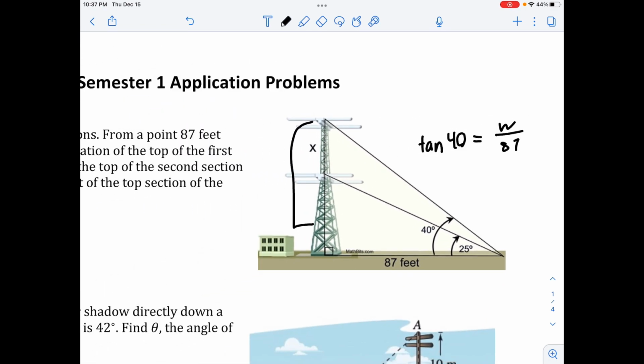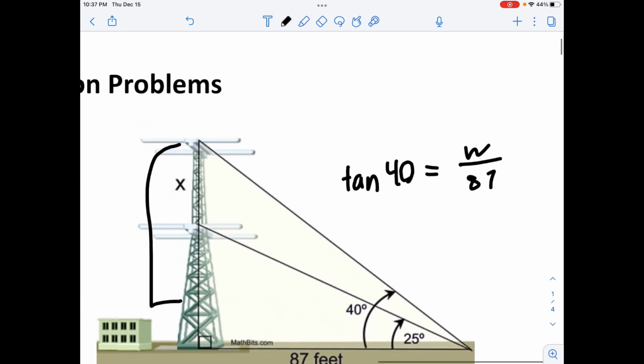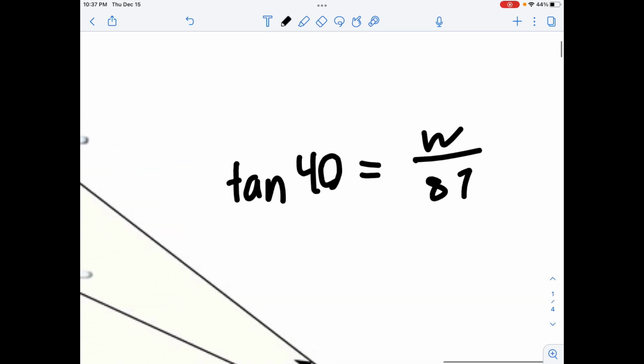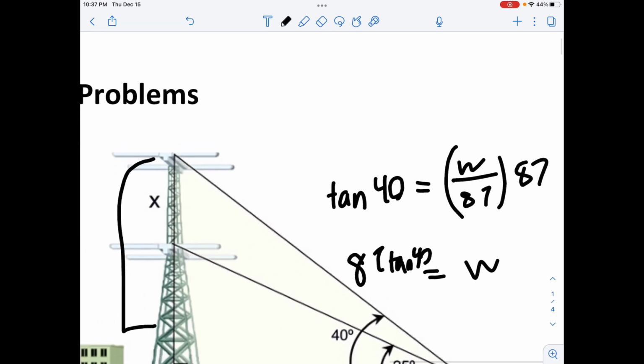That's this whole line right here. So I'll put that in, and then to get this, we'll times 87 by this, so W equals 87 tan 40. Okay, and then we'll put that in my calculator.